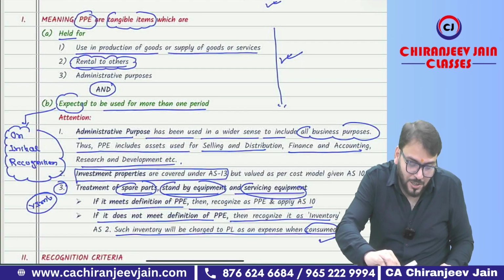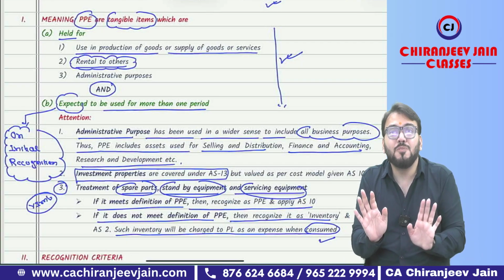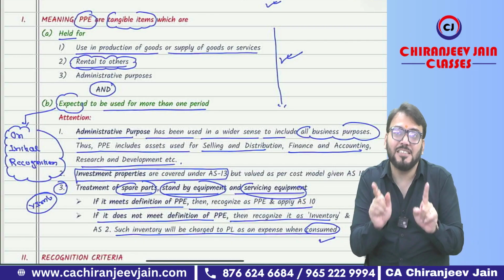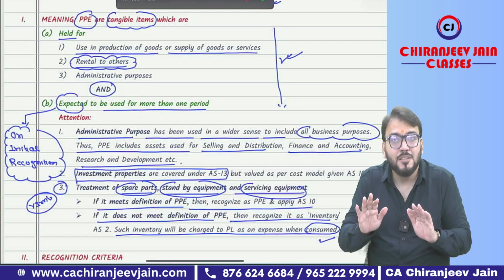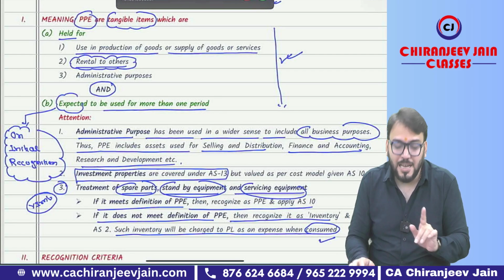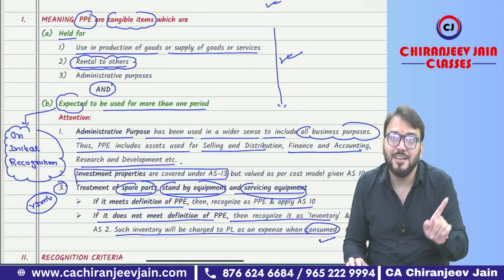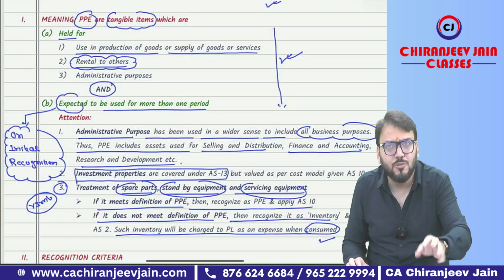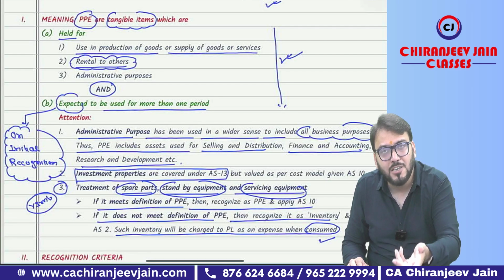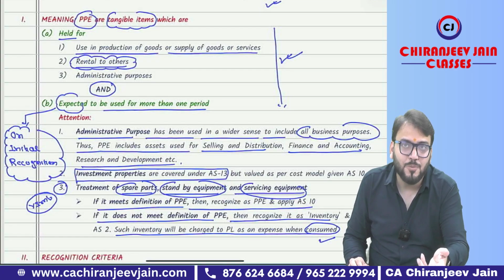So believe me, we have not started AS10 right now. Only we have done the definition part. We have completed AS2, revise AS10, whatever we have done tomorrow. Okay. Come tomorrow after revision. And of course, you need to revise AS2 and do all the pending question, whatever left, that also you do. If any doubt, you can ask me the doubt in the WhatsApp group, whatever has been provided to you.